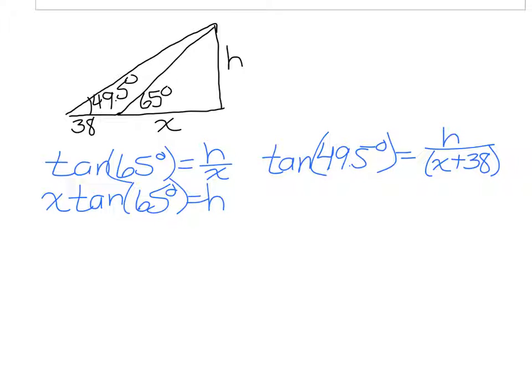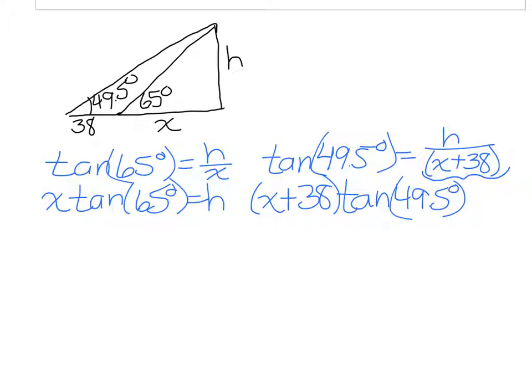The other one, we're going to be careful to treat this as a binomial, and we're going to multiply by the entire binomial, x plus 38 times the tangent of 49.5 degrees equals h.